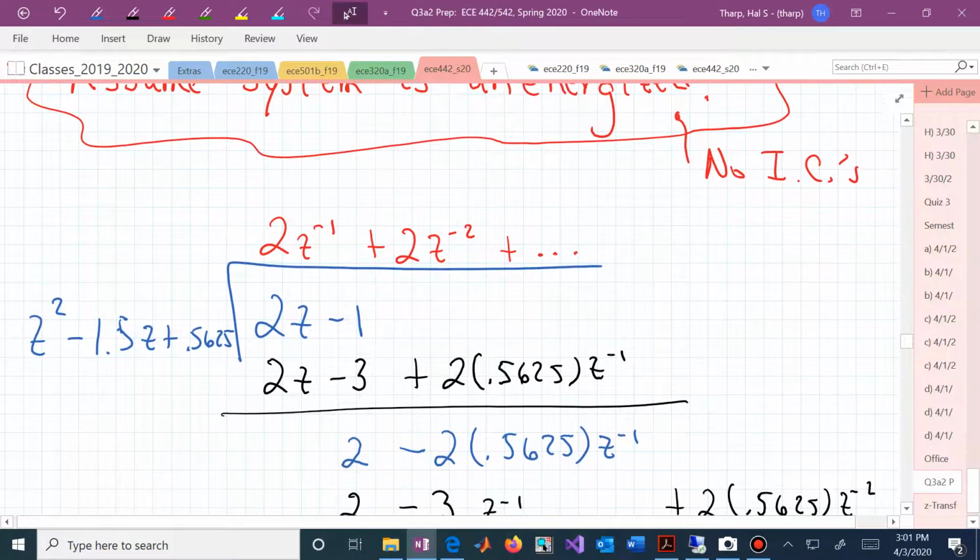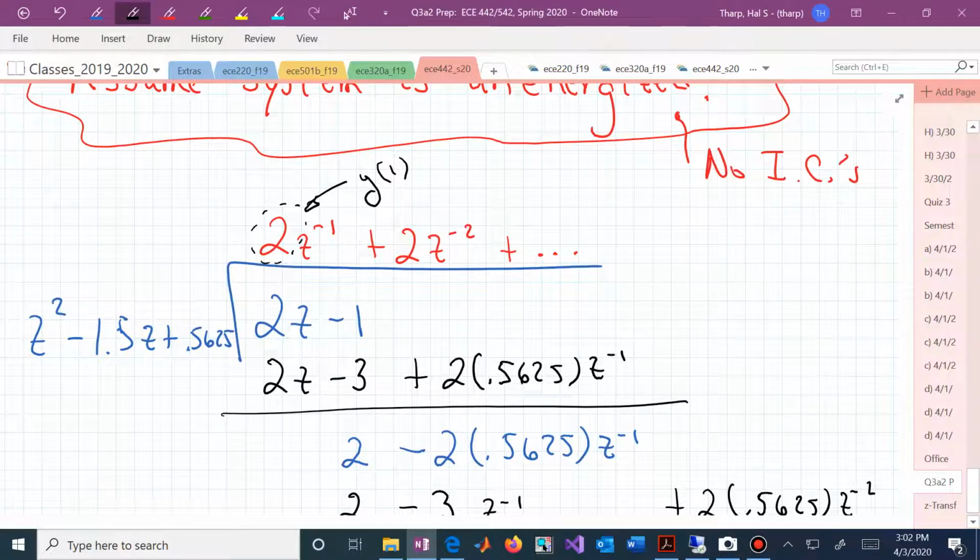Then you could continue, but actually we've gone far enough, because this coefficient in the result of that division actually corresponds to y at time 1. If you look at the series expansion of the z transform capital Y of z, that coefficient would correspond to y at time 1. This coefficient is weighted by z to the minus 2.